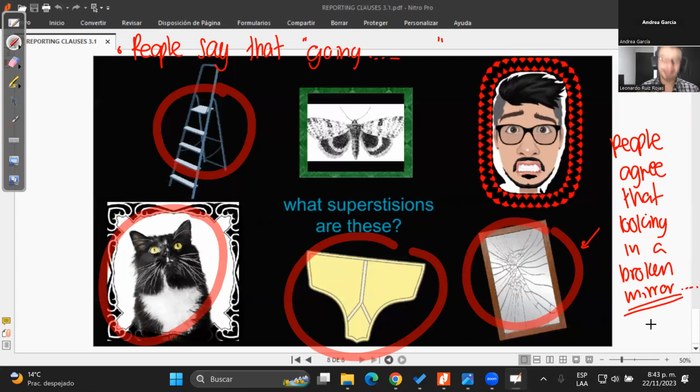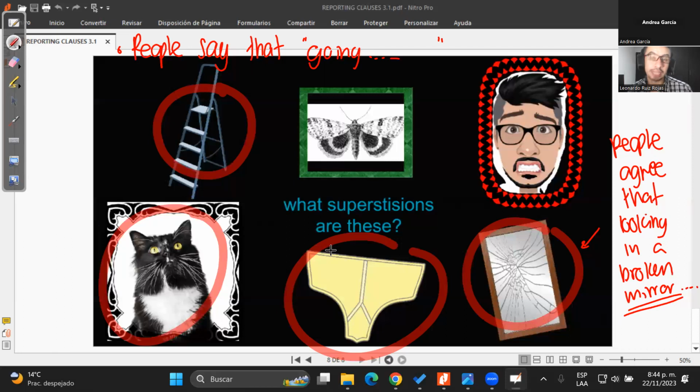Well, they have two different theories. No, they said people agree that looking into a broken mirror brings bad luck. That is completely true. Well, I mean, the superstition is not true, but that is what they say.